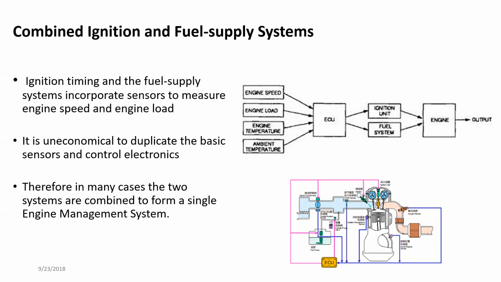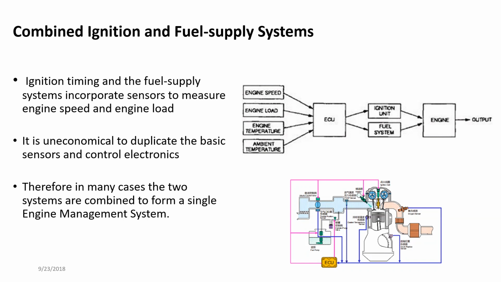Inside that computer, there are separate units that take care of the ignition and the fuel. But it does not mean they are not in contact with each other. They are communicating as well, in order to maintain the engine's performance at its best level.